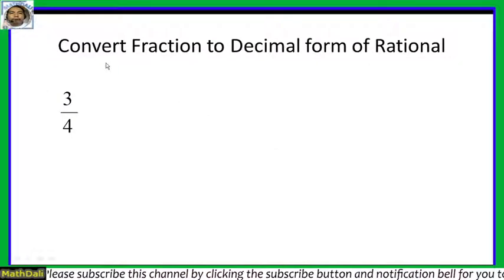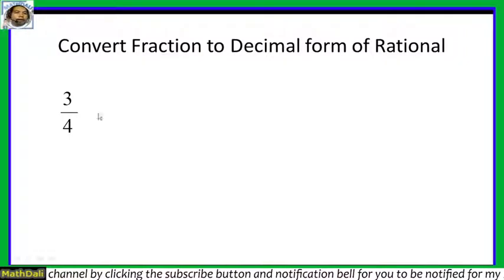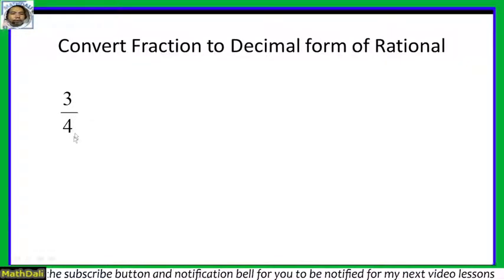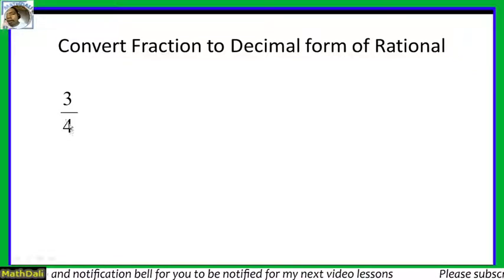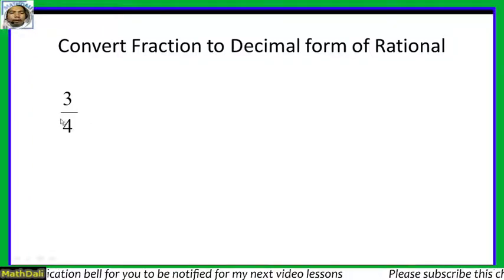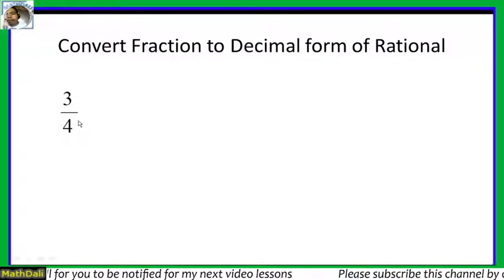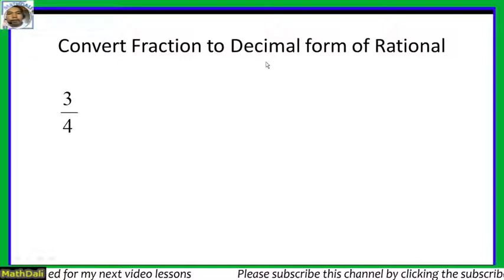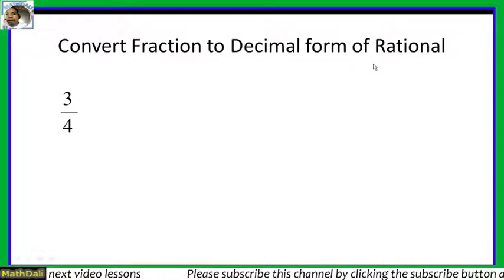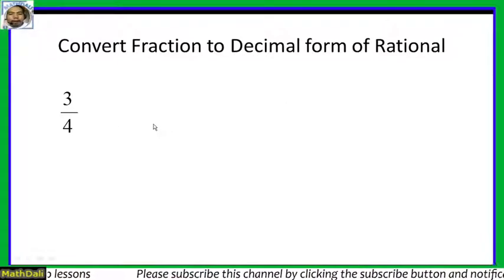Okay, convert fraction to a decimal form of a rational. Okay, so we're going to convert this 3/4 to decimal form. So this time, makikita nyo yung denominator natin, hindi na siya power of 10. Pero may dalawang paraan para i-convert yan sa decimal. So, unahin natin yung mahirap na paraan.